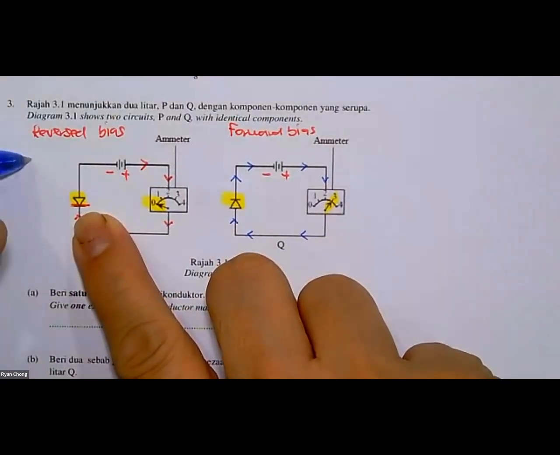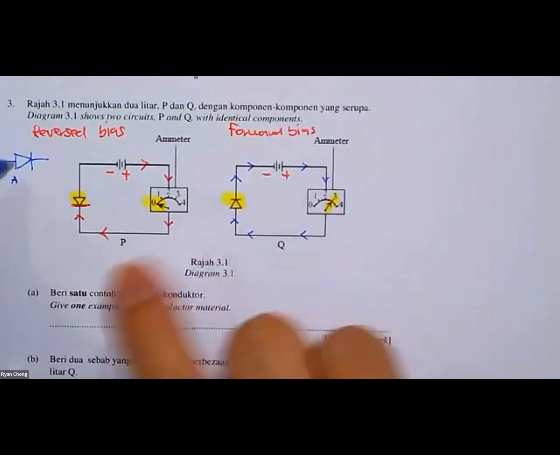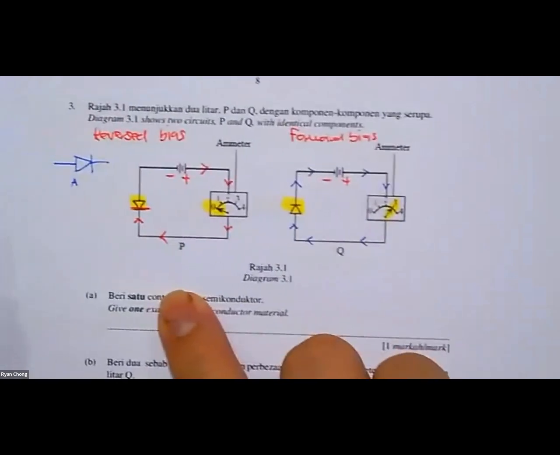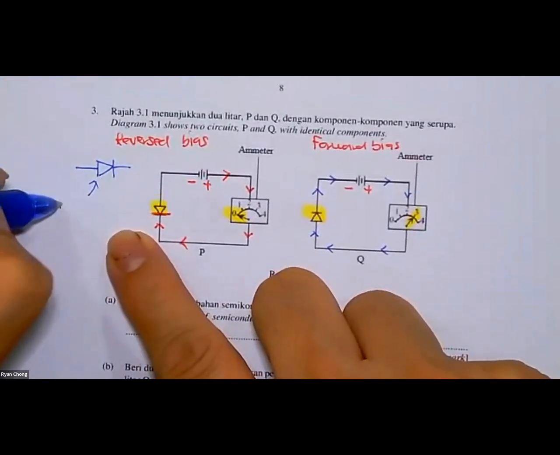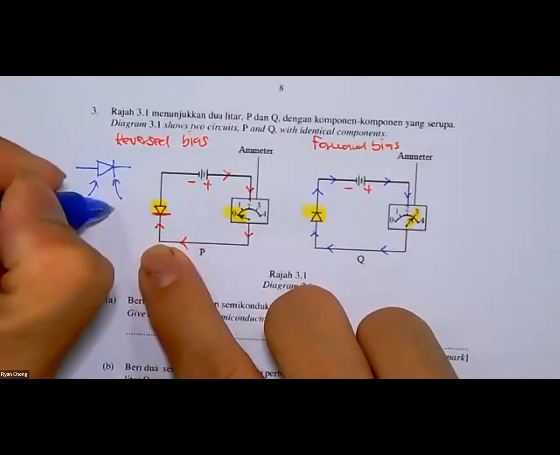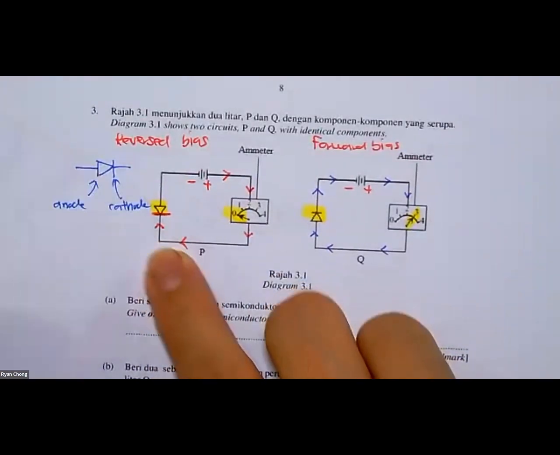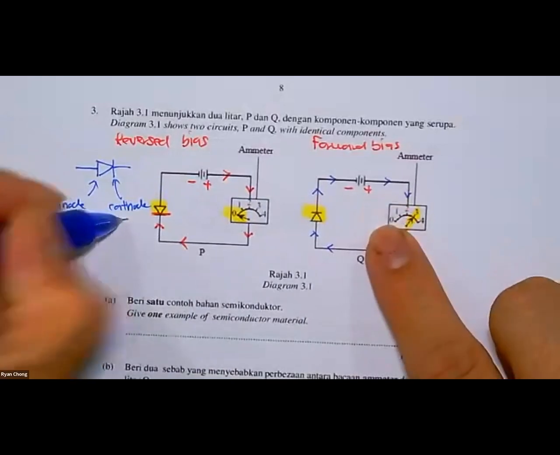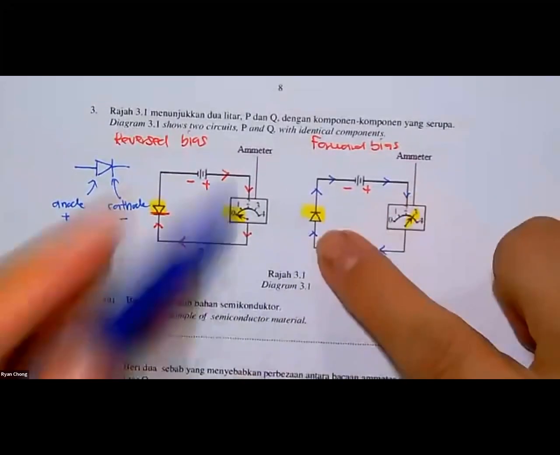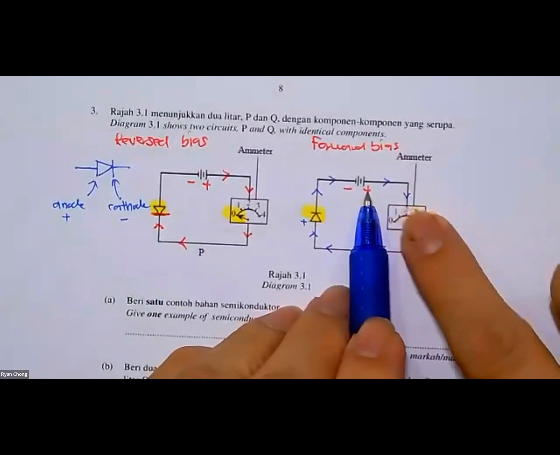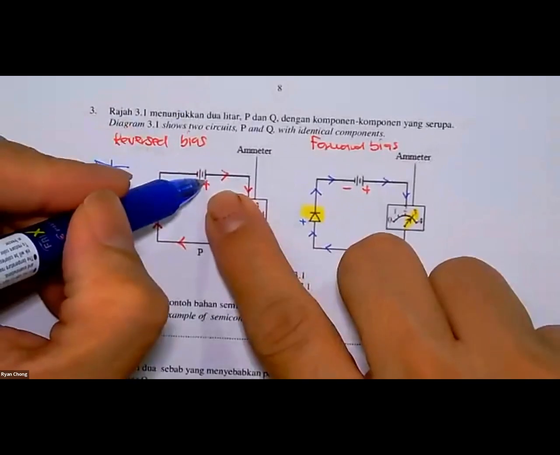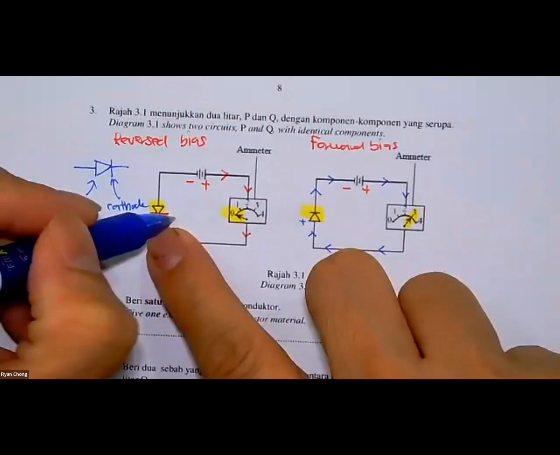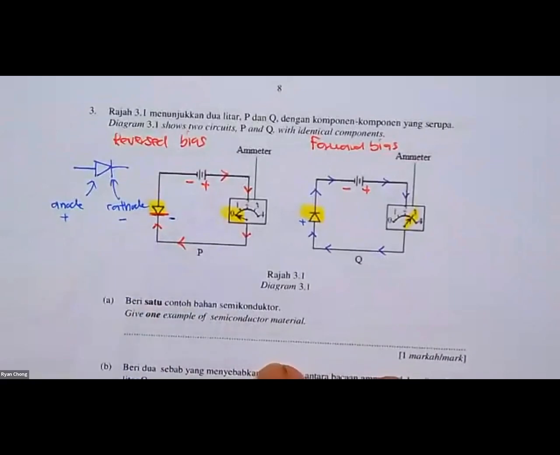With this symbol, the larger side is the anode, and here is the cathode. The anode is referred to as positive, the cathode as negative. So the positive must be with the positive of the battery, then only you can have forward bias. If the cathode, the negative, is here, then you will get reverse bias.